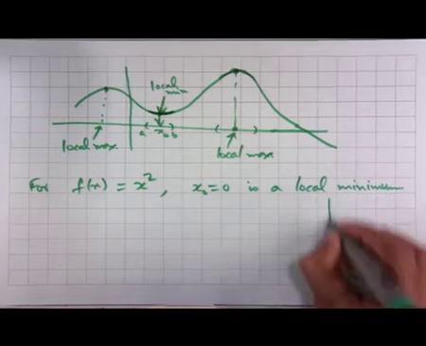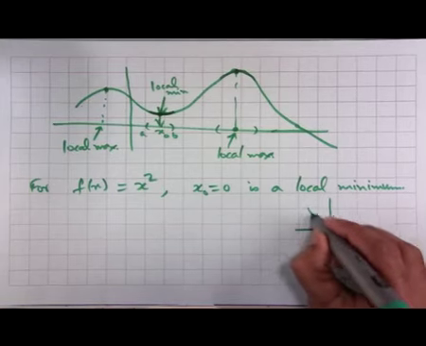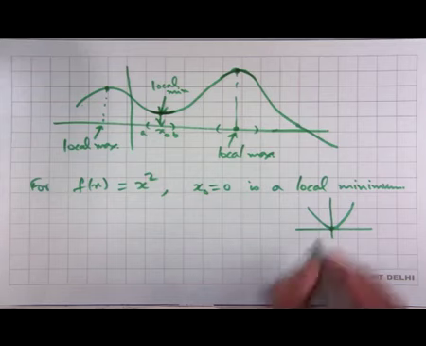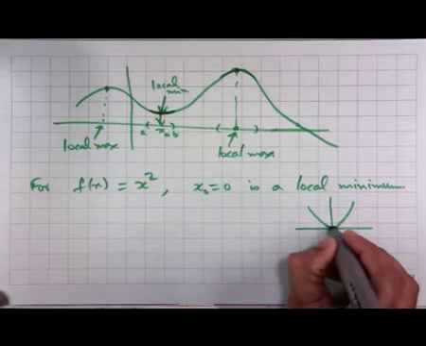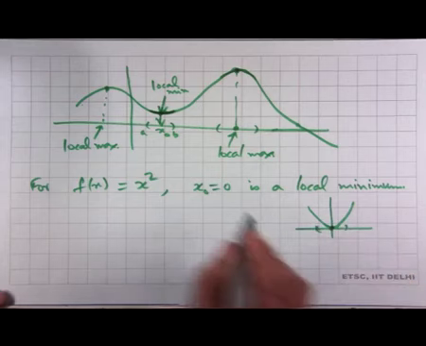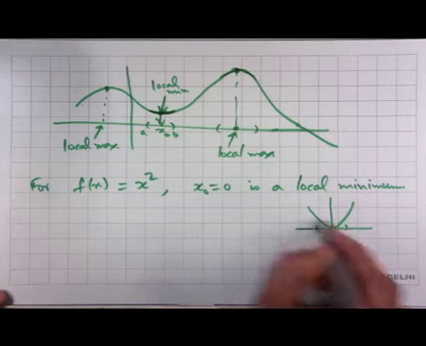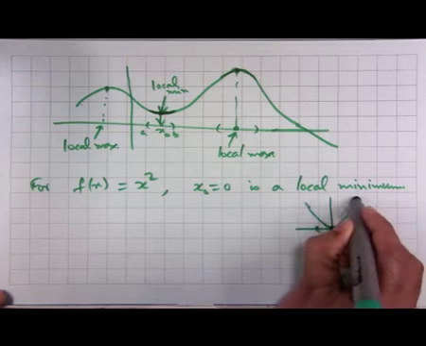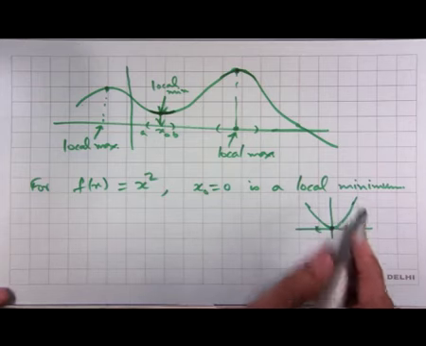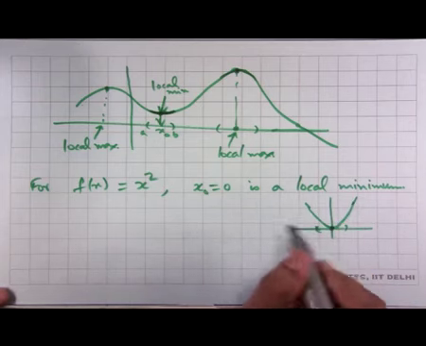This is because from the graph you can see that the value at 0 gives me the minimum value in any interval containing 0. So, therefore, this is local. Here it is also the global minimum, because this is the minimum value of the function. But how do we determine this local minimum or maximum using the derivative?